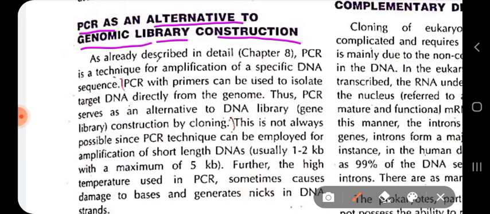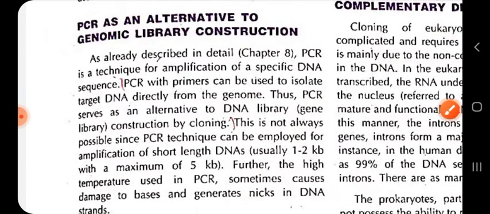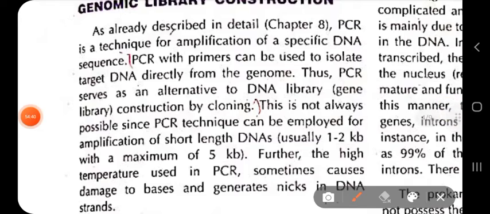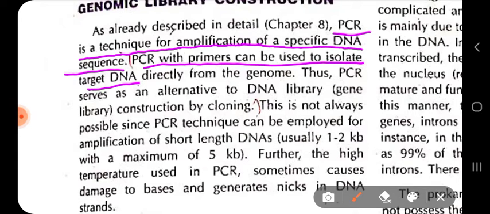So what does it say? Let us see. You know what PCR is? PCR is a technique for amplification of a specific DNA sequence. PCR with primers can be used to isolate the target DNA directly from the genome.